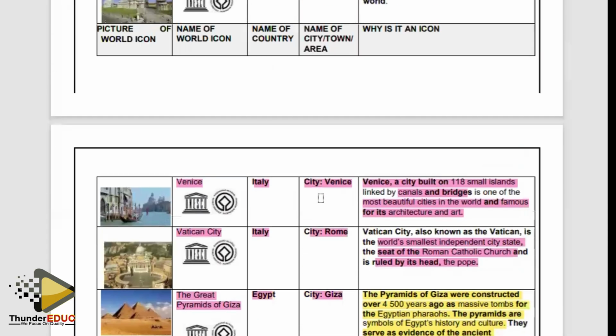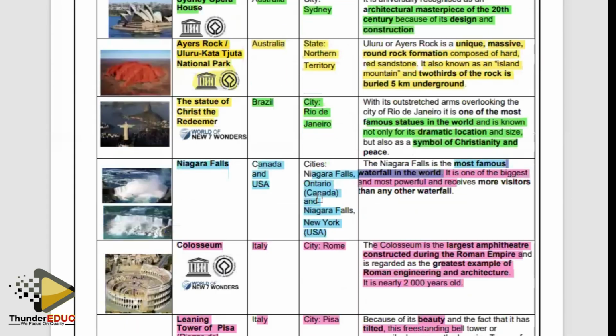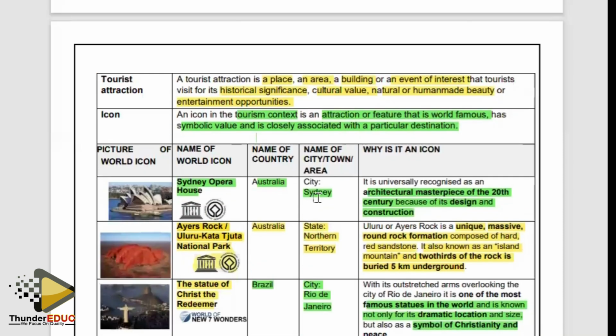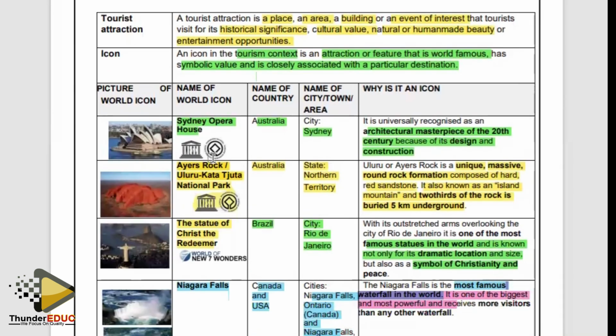So these are the icons which you are supposed to focus on in 2024. Let me give a brief run through them.